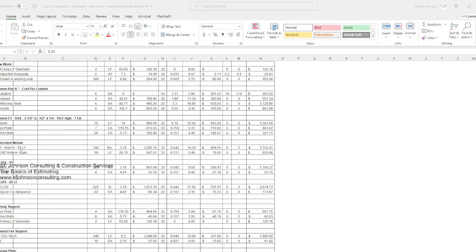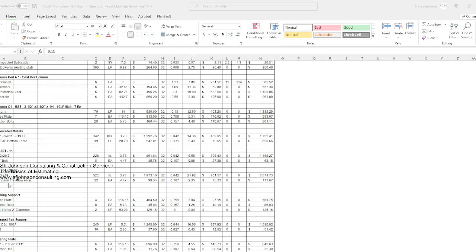We had W8 by 18 were 19 linear feet. So we had 342 pounds, and then there was a bottom plate anchored to it. So that was another cost for that one. And I believe we had all 3.